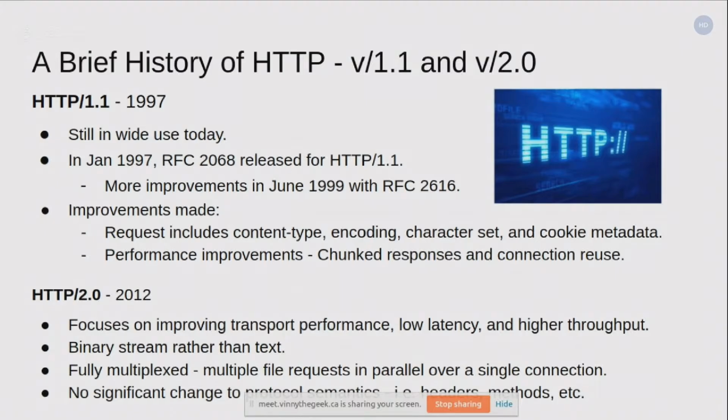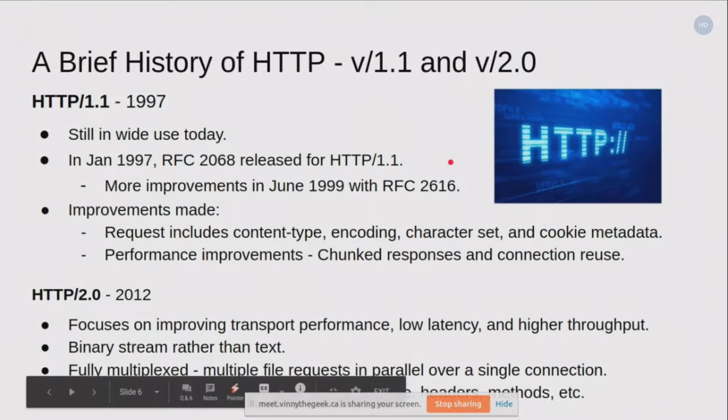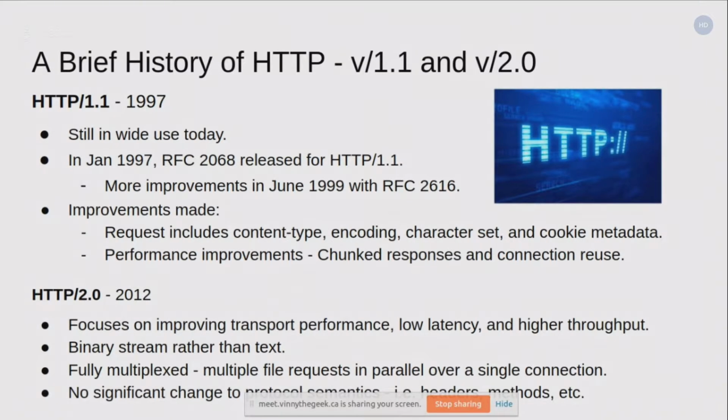This led to a much greater improvement in performance. And as it goes right now, HTTP 1.1 is still, from what I can see, the most popular version of the protocol, even though it was created many moons ago, over 20 years ago.